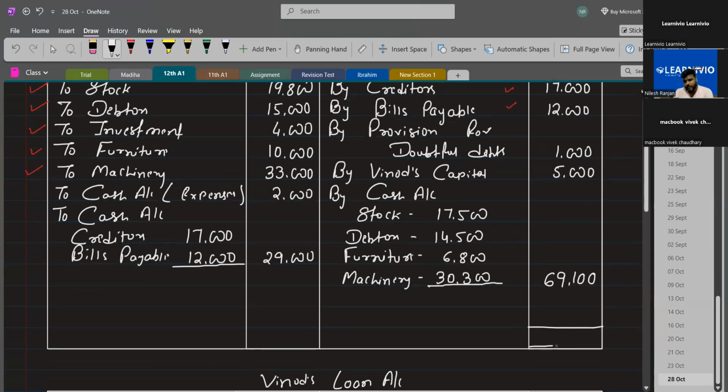So, which side is higher? Debit side is more.